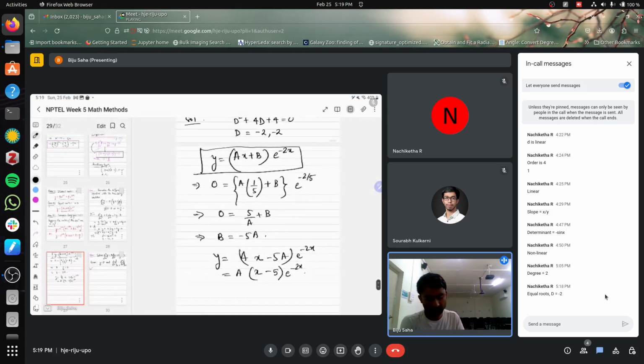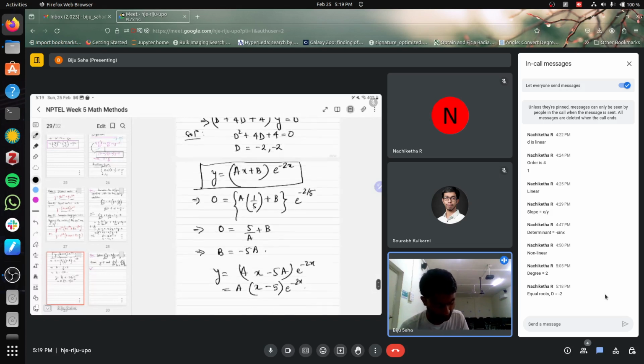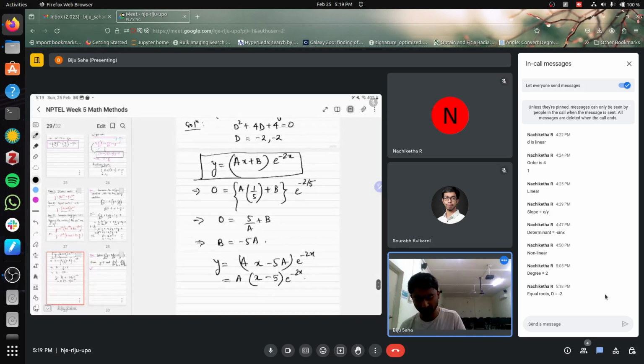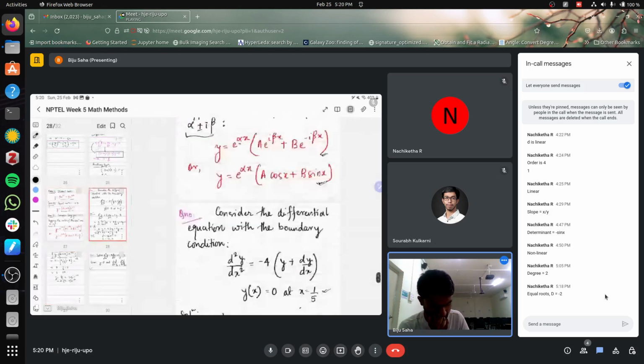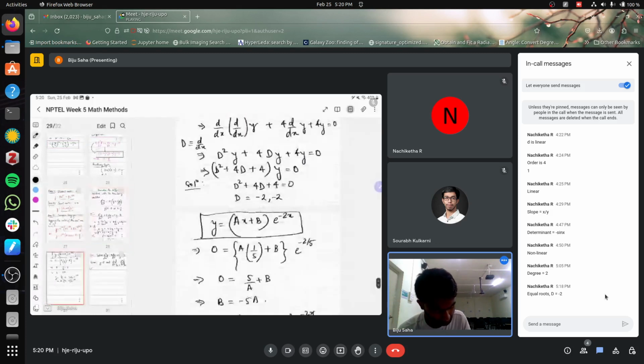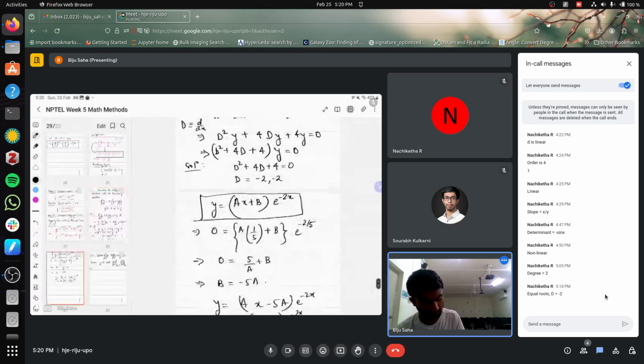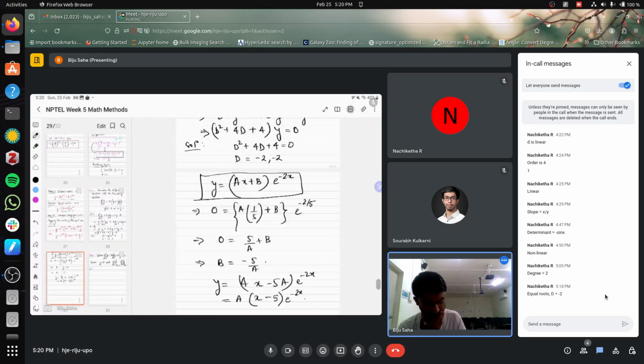Yeah, b is equal to minus 5a. I've taken a common, x minus 5, x plus b. Okay, sorry, it's supposed to be this, right? So b is equal to minus 5 by a.